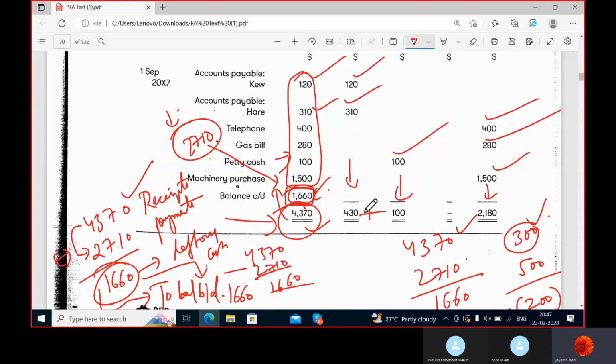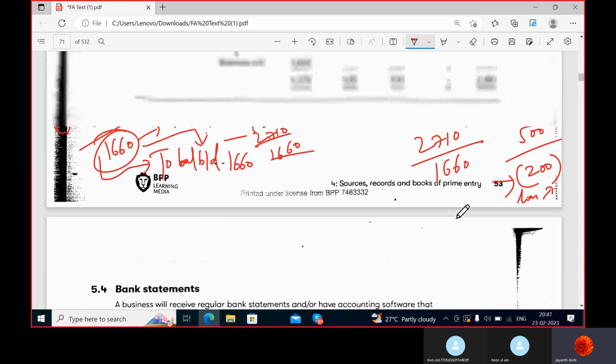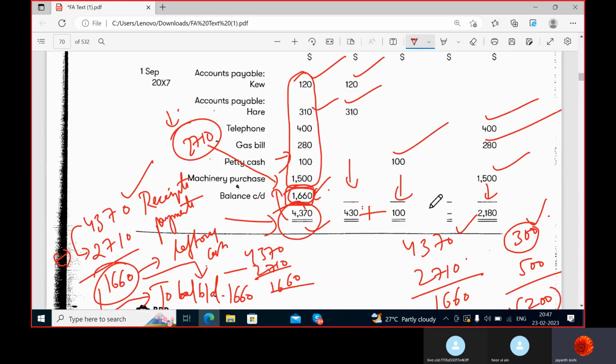Nothing more than that. So here we made 430, 100, and here 1,500 plus 280 plus 400. So 2,180. And what we are seeing here is plus 100 plus 430.